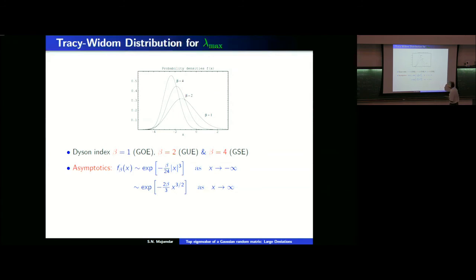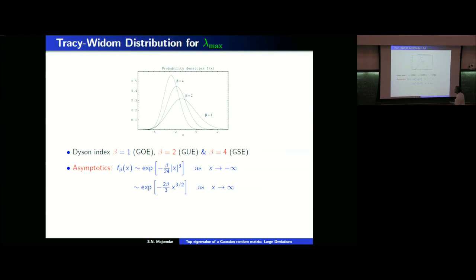And it has the asymptotics that for large negative x, it goes like exponential of minus beta over 24 mod x cube when x goes to minus infinity, and when x goes to plus infinity, it goes like exponential of minus 2 beta over 3 times x to the power 3/2. So it's highly non-Gaussian.